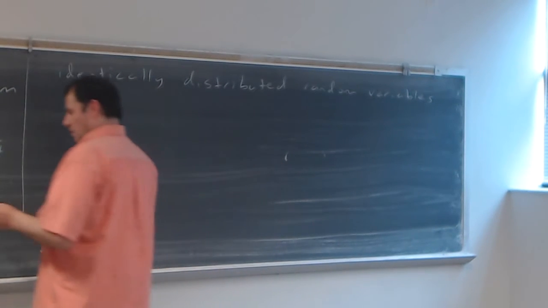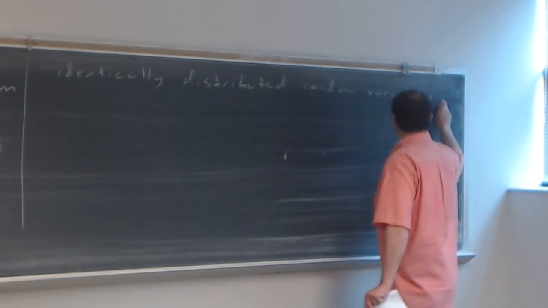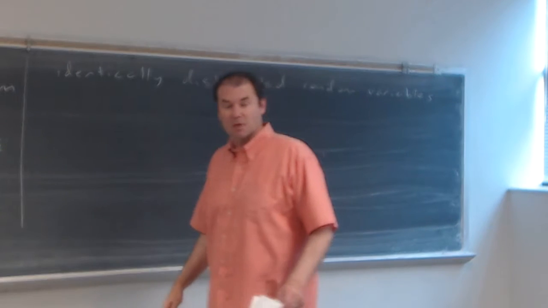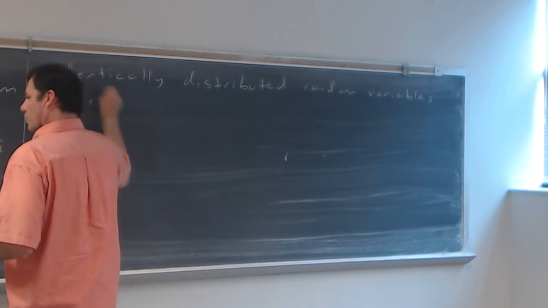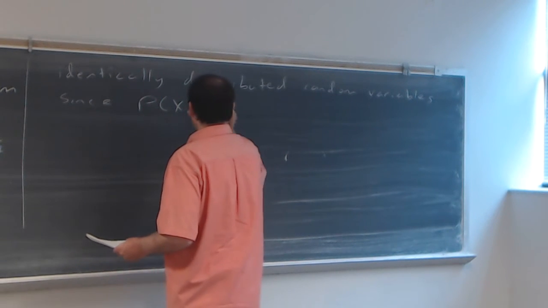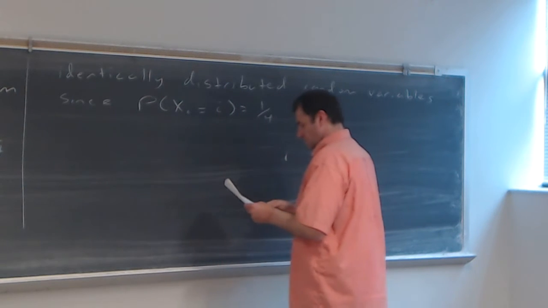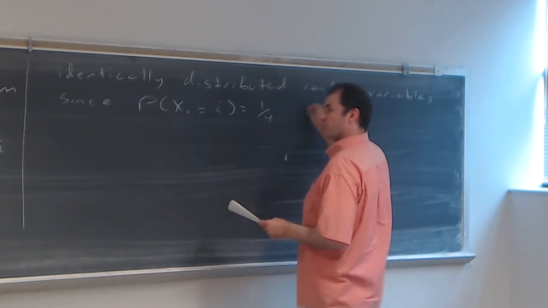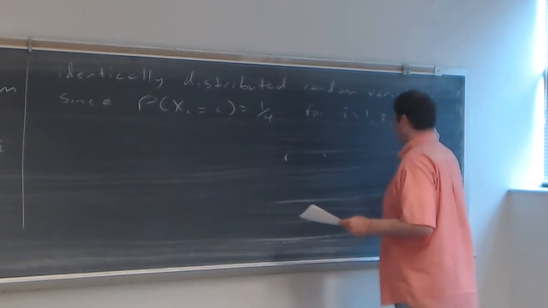And so, since in our problem the probability of X of i equaling i is equal to 1/4, and that's true for i equaling 1, 2, 3, and 4.